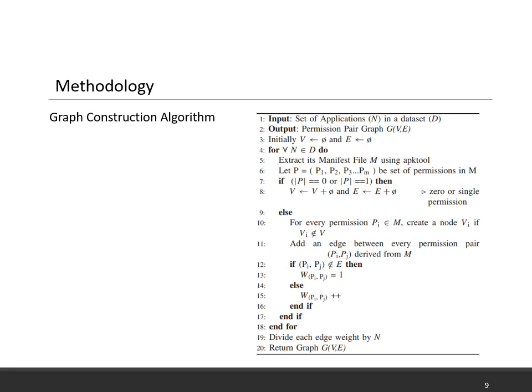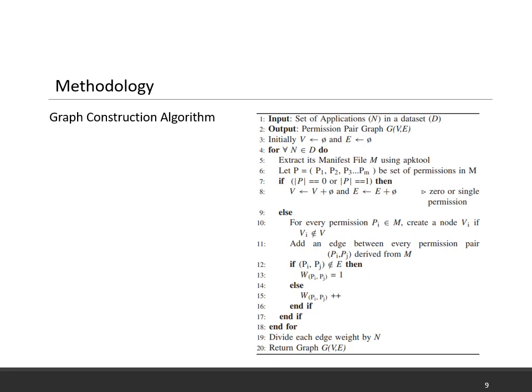The algorithm extracts the permissions from each application and generates all permission pairs. If an application has n unique permissions, then we have the selection of two from n, that is, n choose 2.